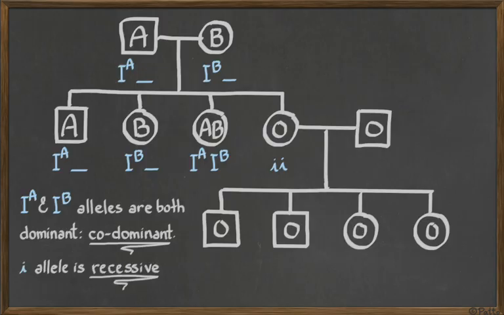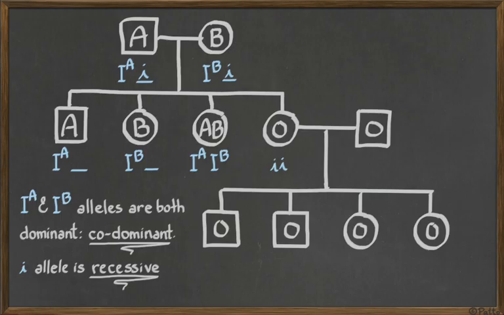If the small i is recessive, both parents could be heterozygous, and then the father is big IA, small i, so a dominant A and a recessive small i for the blood type, and the mother, big IB, small i.